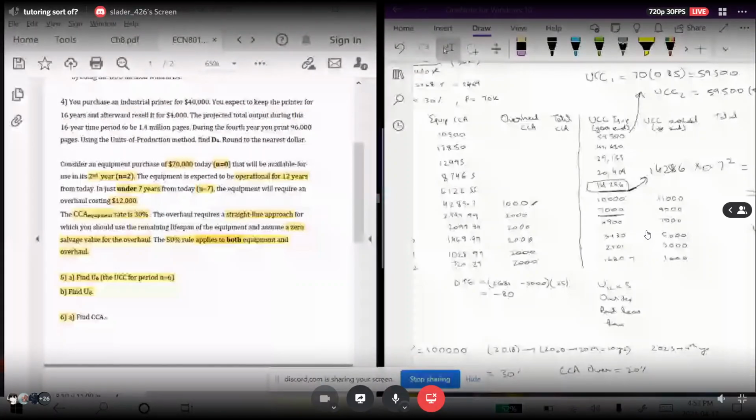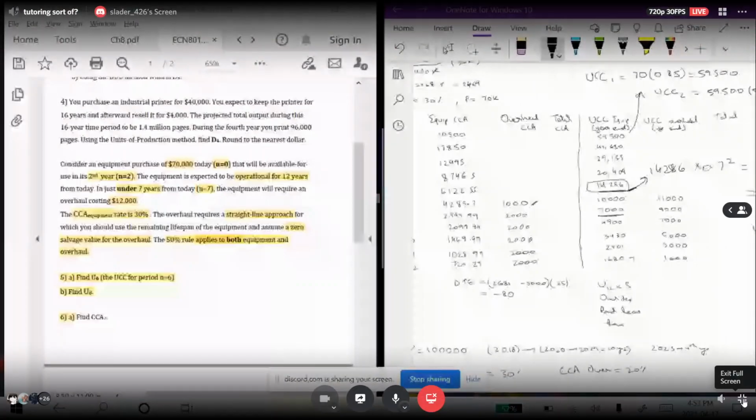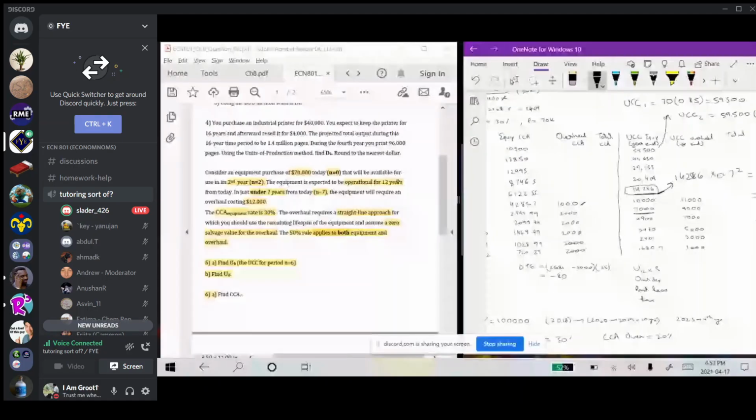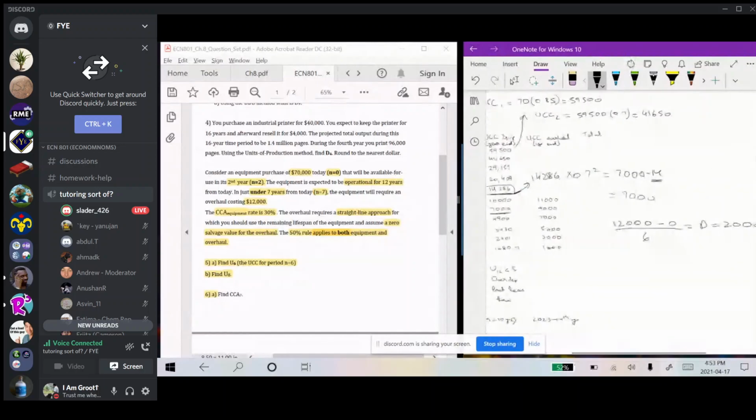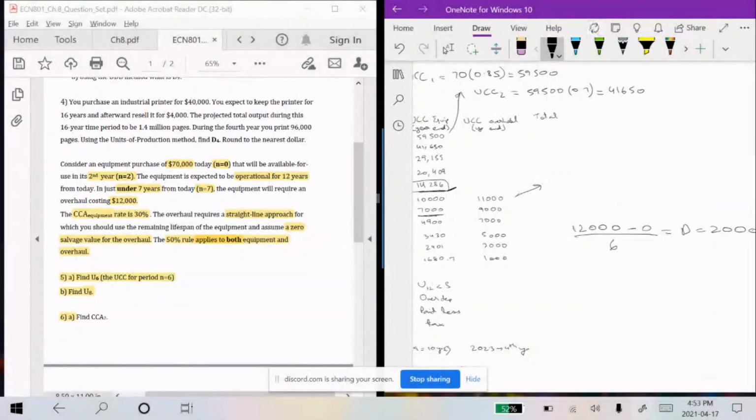Okay, all right. So you find the CCA for the overhaul and the CCA for the equipment in separate columns, and then we're left with the UCC for the overhaul. So to find this out, we know that in the first period the overhaul has, oh, my bad.